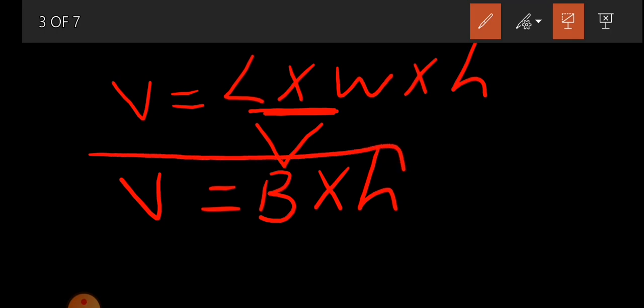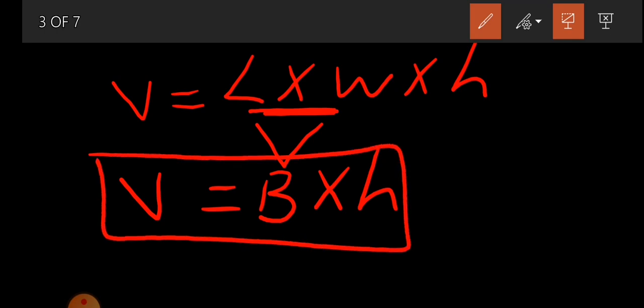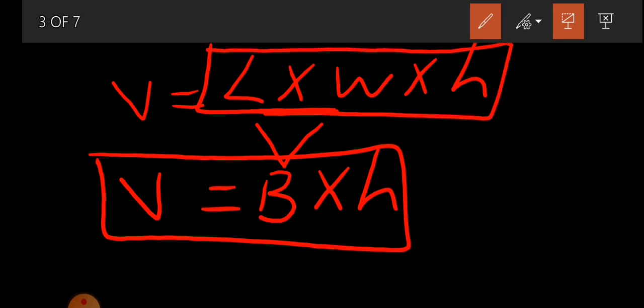So I will use this one if the area is given to me, or I will use this one if the area is not given and they give you length, width and the height. How can I know that the area is given? If you have one of the dimensions with a squared unit, it means it's area.